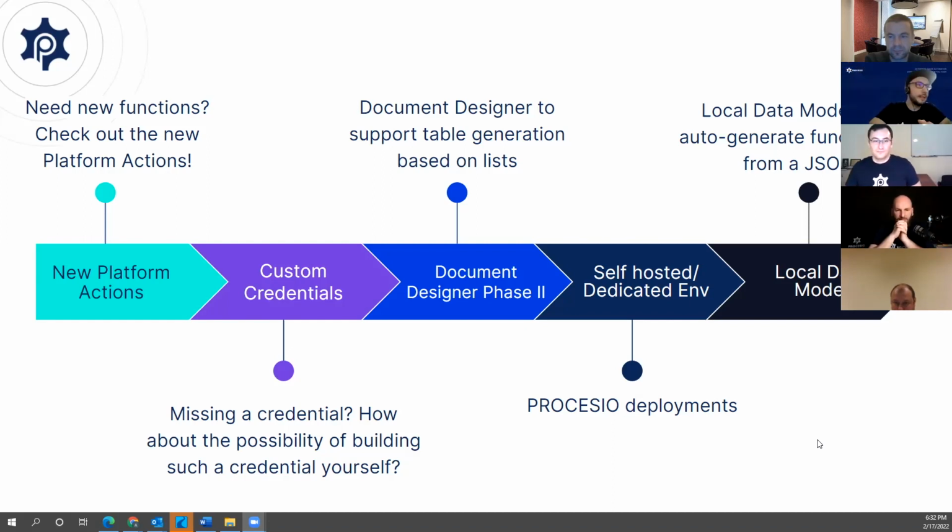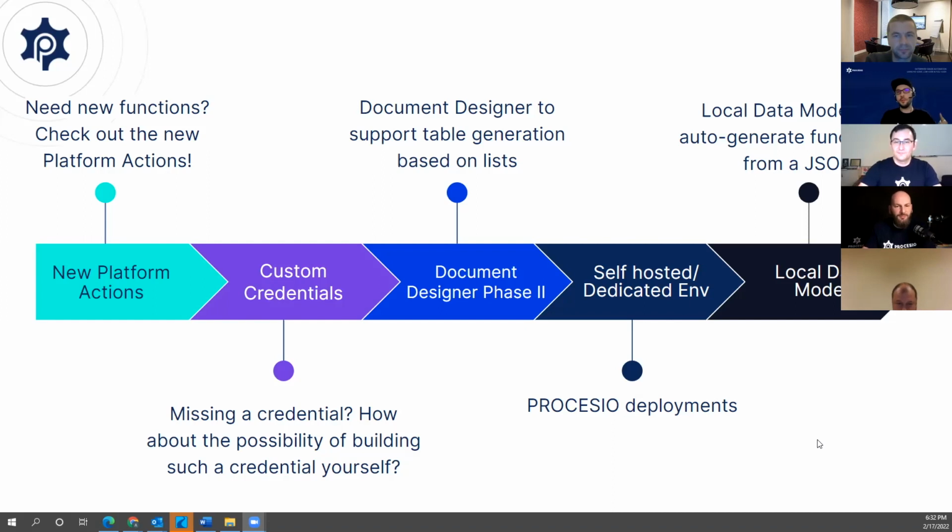We thought we were going to release it at the end of March, but we had a lot of customers asking for it, so we said, okay, we're going to release it in phases. So you just saw phase 1 of Document Designer. Definitely there is a lot more to be built. So we're also looking to come with a phase 2. What phase 2 will do is, first of all, we will be able to create tables based on lists.